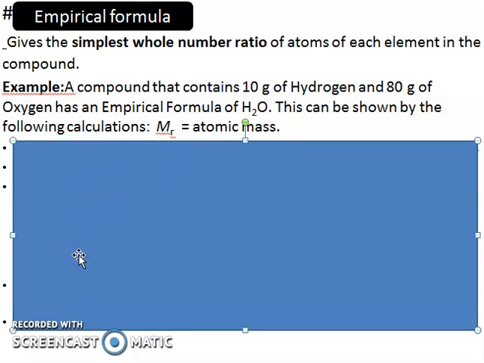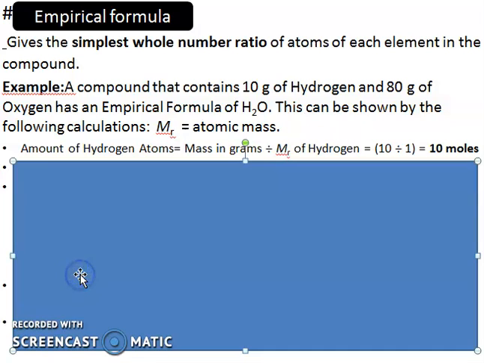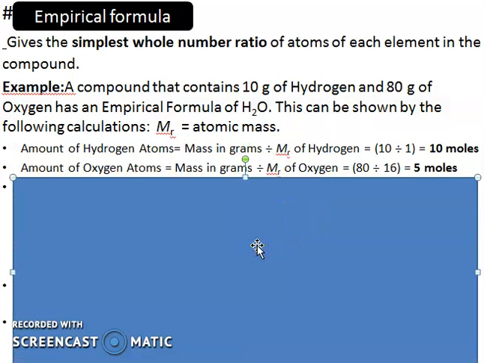Now see, what will be amount of hydrogen? Yes, it is mass in gram divided by molar mass, that is 10 divided by 1. What is the atomic mass of hydrogen? That is 1. So it will be 10 divided by 1, that is 10 moles. Similarly for oxygen, what will be amount of oxygen atom?